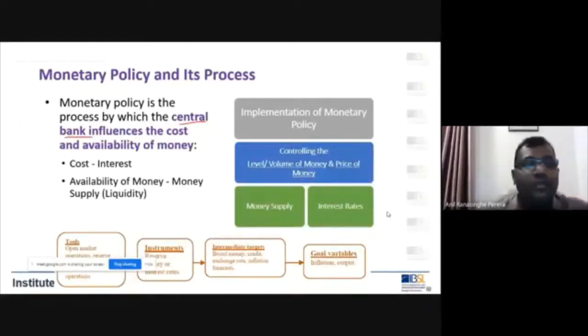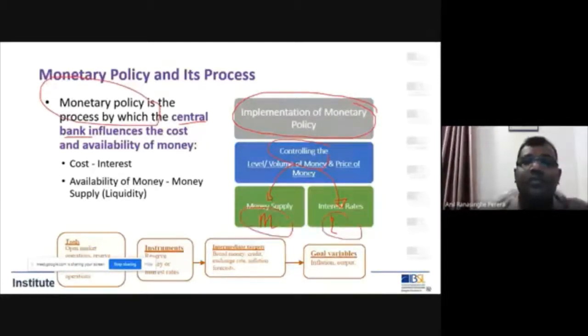So when we say monetary policy is being implemented, we are basically controlling the level and price of money, which means we control the money supply in the economy or the interest rate. So monetary policy is targeting this. This is the simplest way of understanding monetary policy.